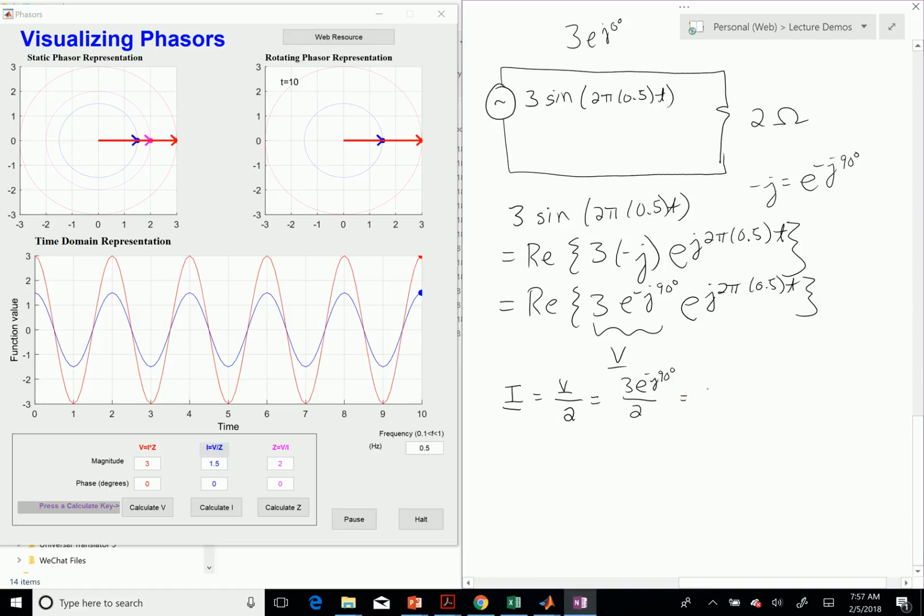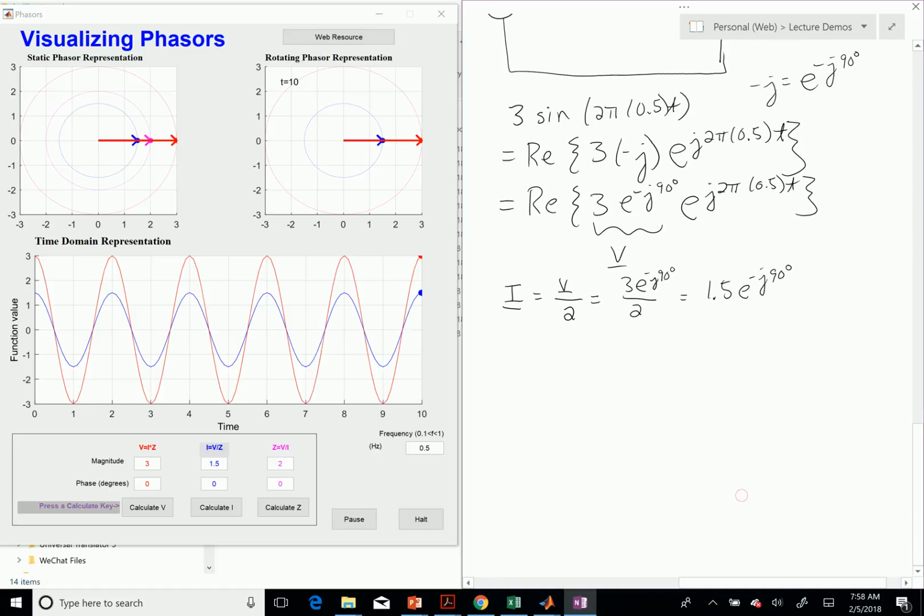If I do that math, I get 1.5 e to the minus j 90 degrees. A couple of things we see from that analysis. If I draw the phasor diagram, I see that the voltage is 3 minus 3j, like that. This is our V, and our I would be half of that.